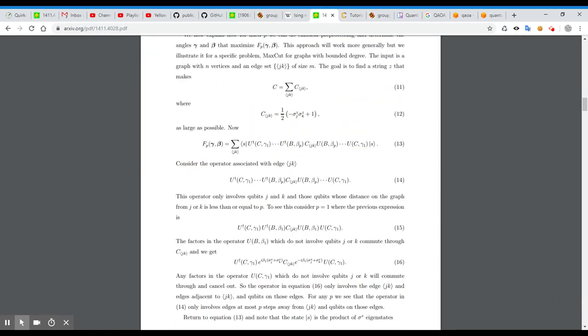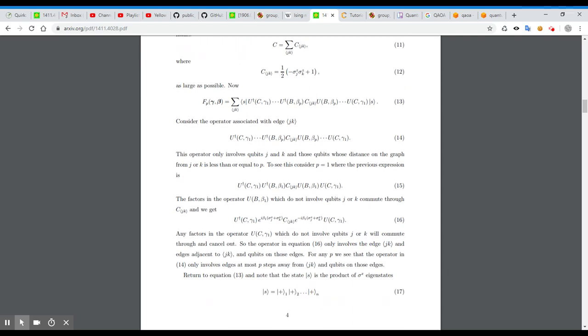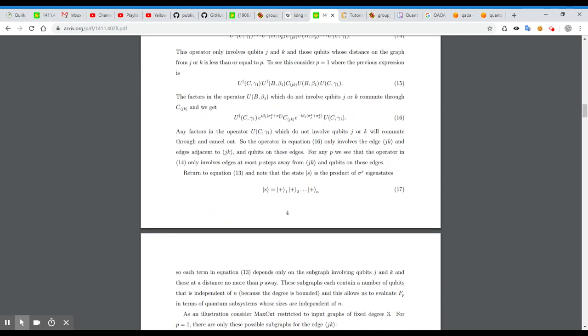Fixed p algorithm. Commute through and cancel out. So the operator in the equation only involves the edge jk and edges adjacent to jk and qubits in those edges, for any p.